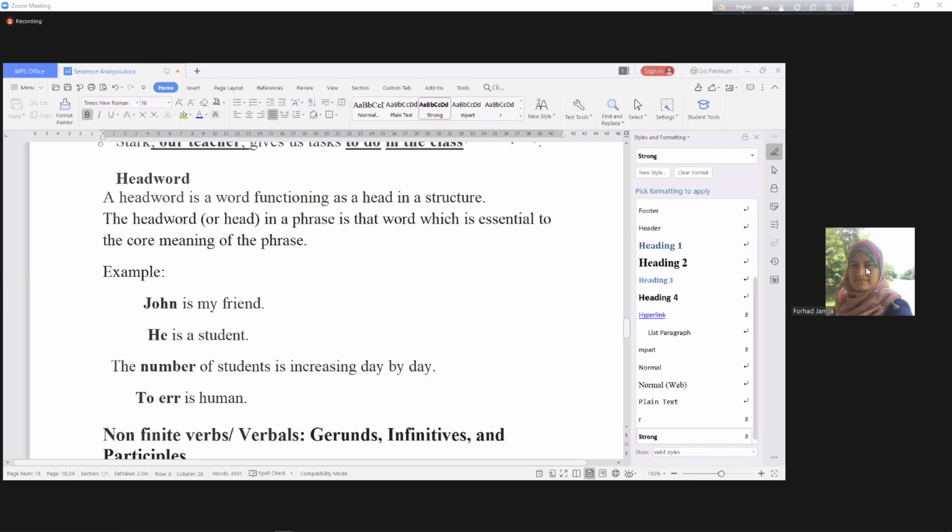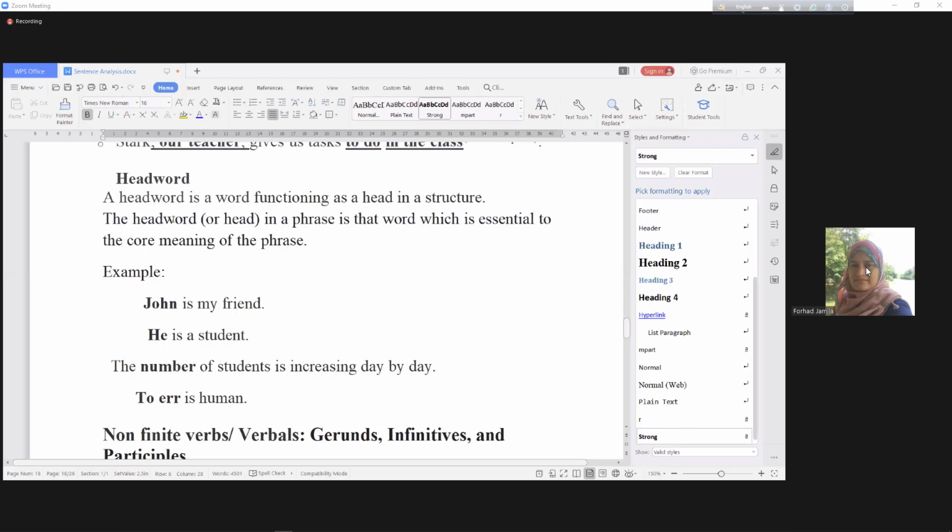Determiner এর কোনো phrase category কিন্তু নেই। ওকে, determiner এর phrase category নেই। determiner কিন্তু noun phrase এর একটা পার্ট হিসেবে কাজ করে, বেশিরভাগ সময় noun phrase এর একটা পার্ট হিসেবে কাজ করে। Okay, so the head word in a phrase is that word which is essential to the core meaning of the phrase.